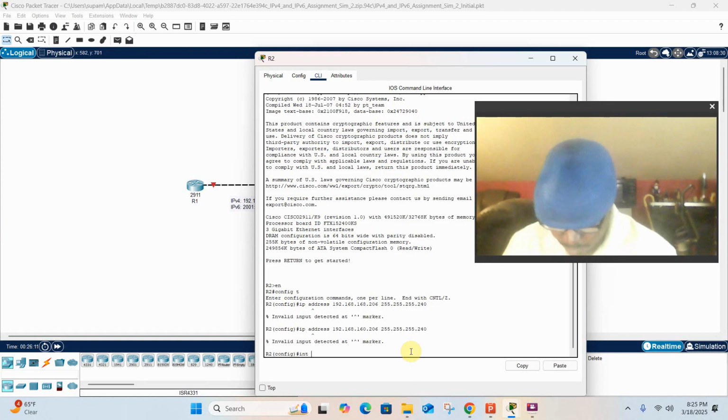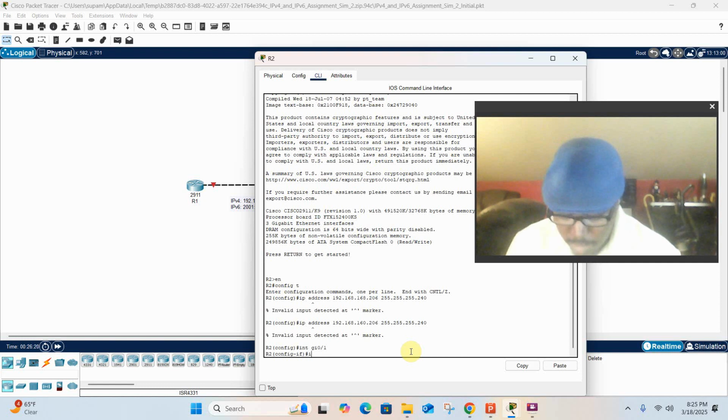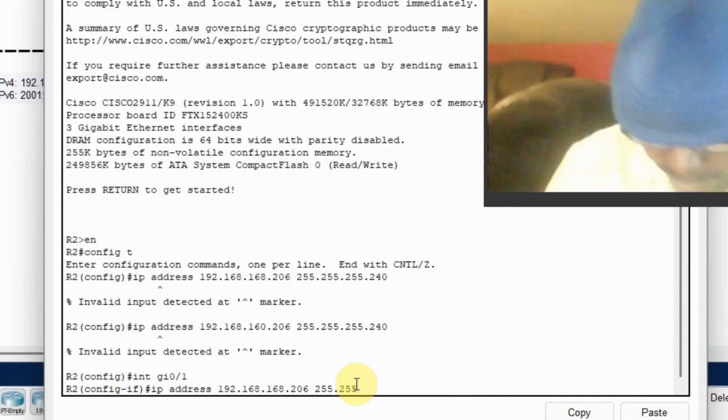Now we're going to do the IP address 192.168.168.206 with the subnet mask of 255.255.255.240.